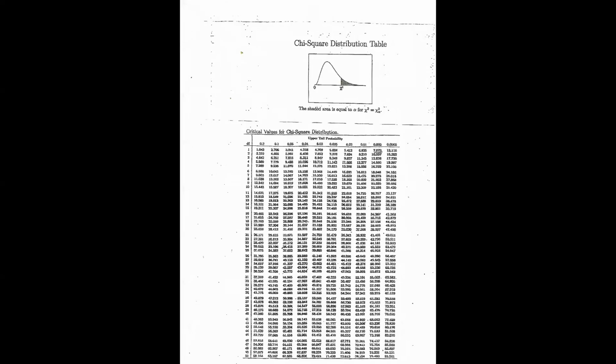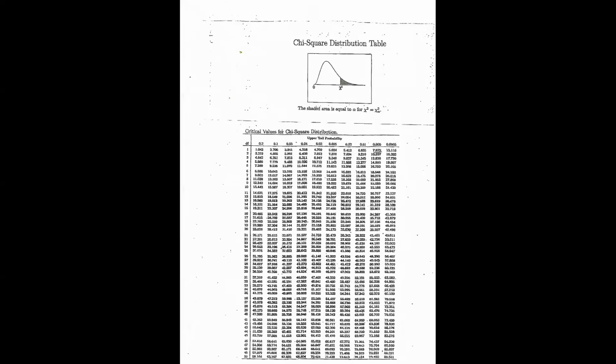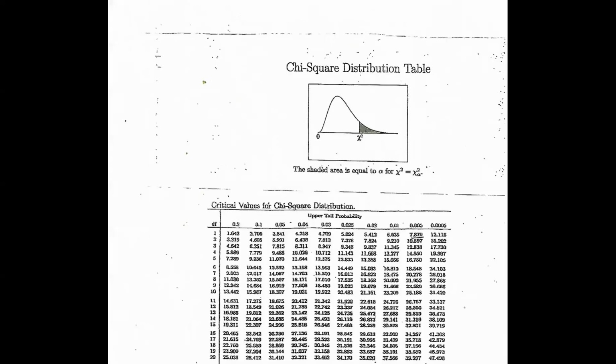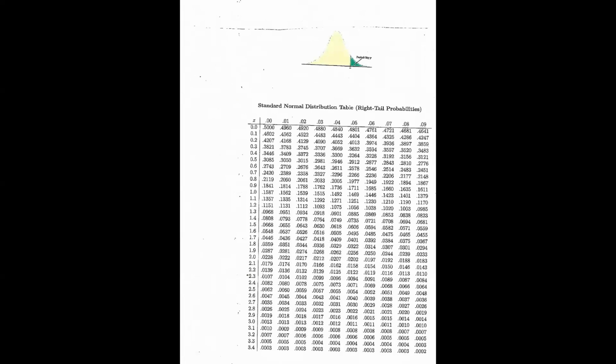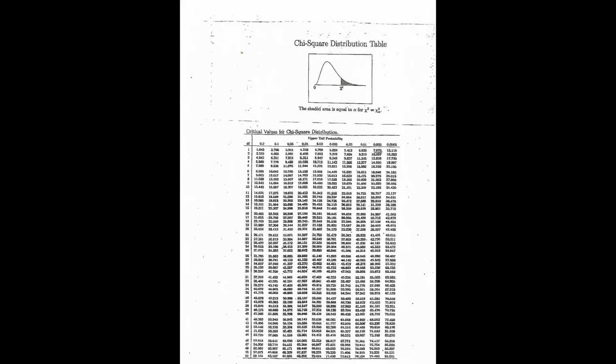It's a T distribution, right? This is the chi-square distribution. We'll use it very soon. The T distribution, this is the standard normal distribution to the right. Do we have the T distribution? It should be there.